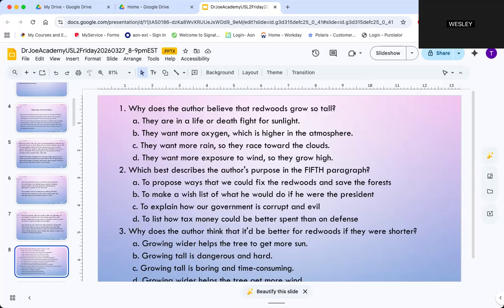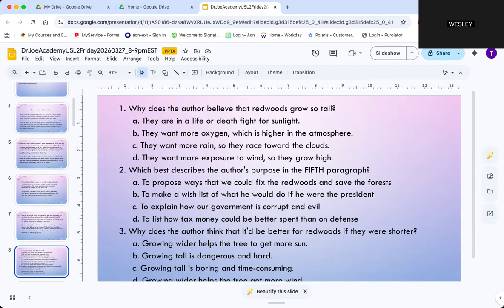A. They are in a life or death fight for sunlight. B. They want more oxygen, which is higher in the atmosphere.